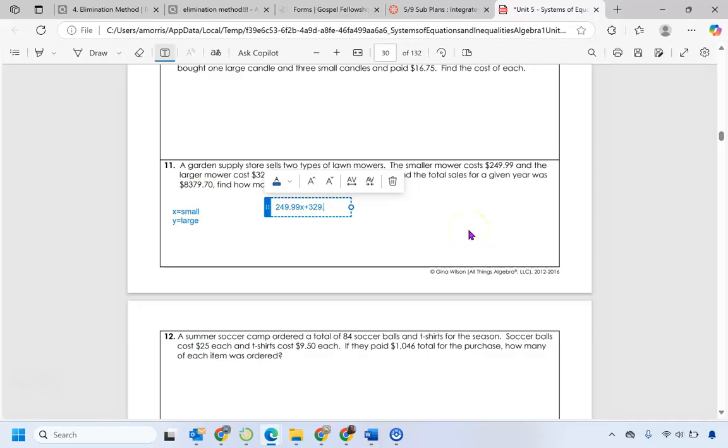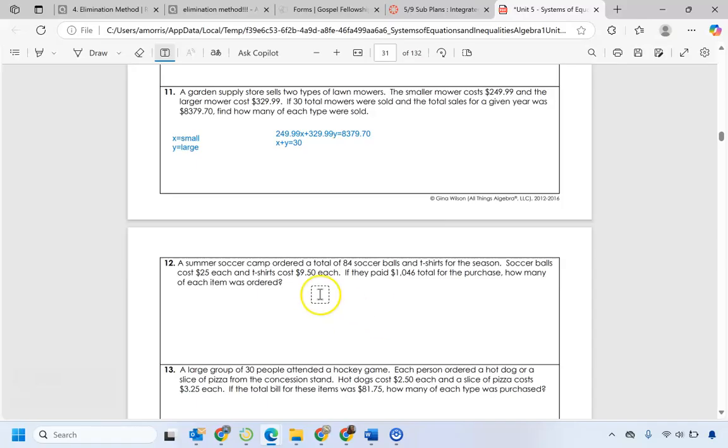But I know when you put it together, it would be $8,379.70. And then it says total, right? So if I was to combine the amount of small and large lawnmowers total, that would be 30. Okay? So then we would have to, again, decide what we're going to get rid of and then make it happen.